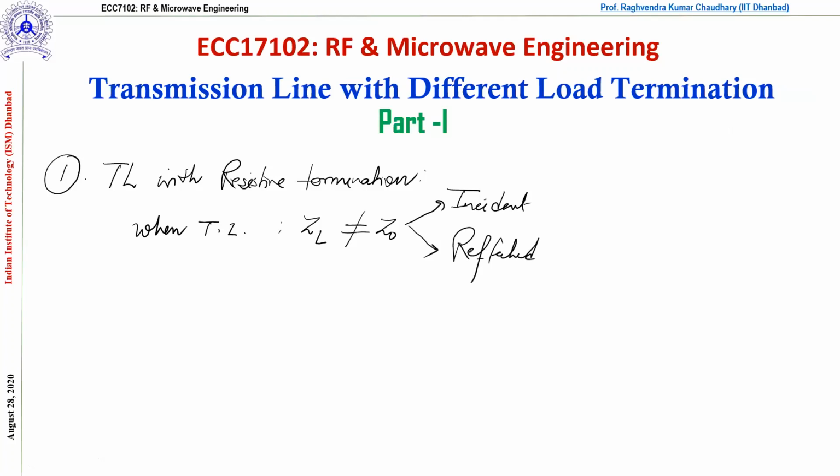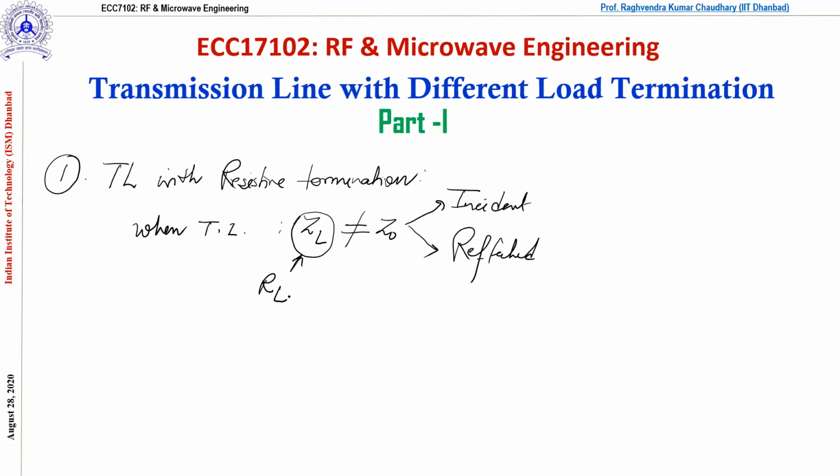Fine. It means that the transmission line is not matched properly. Correct? And this is the critical case too. Now this ZL actually here, we will be discussing as the resistive termination. So let it be RL.